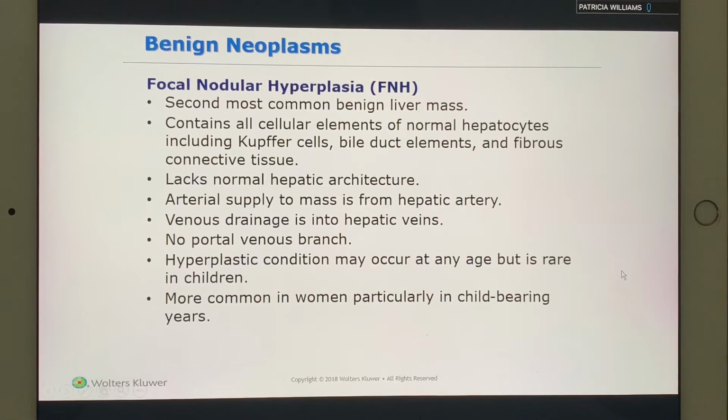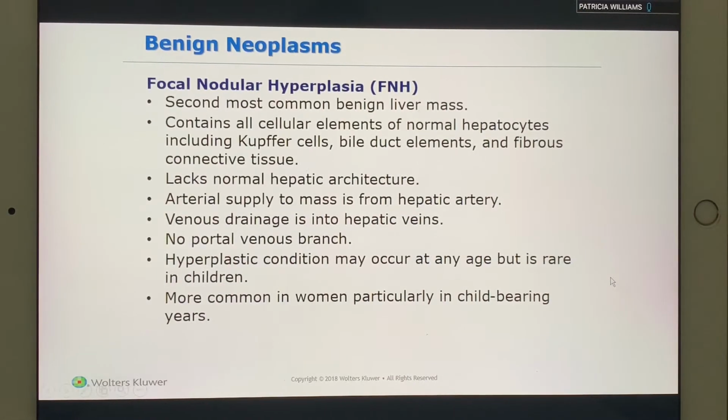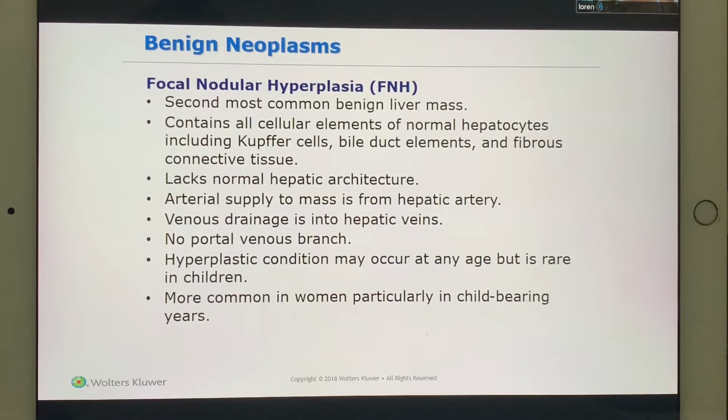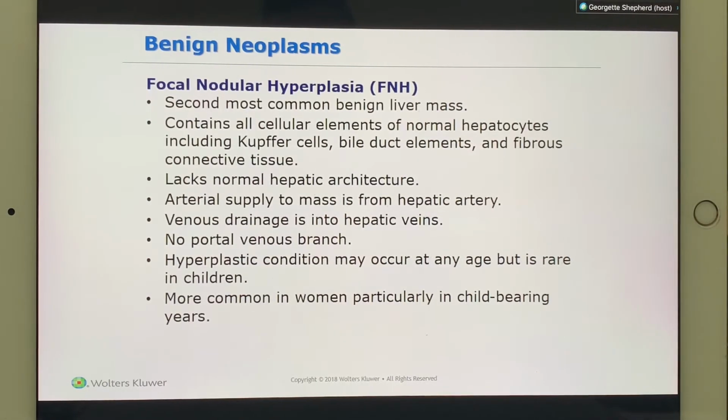Focal nodular hyperplasia. Okay, focal nodular hyperplasia. It's the second most common benign liver mass. What happens is it contains normal hepatocytes, including your Kupffer cells. Remember, the Kupffer cells are your active phagocytic cells of the liver.